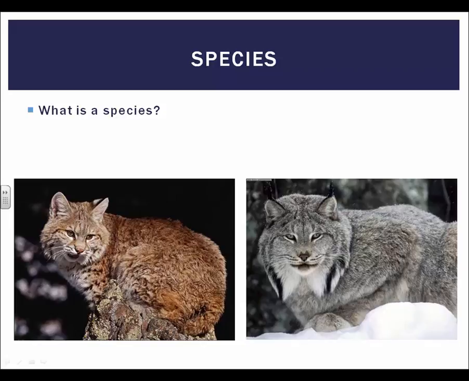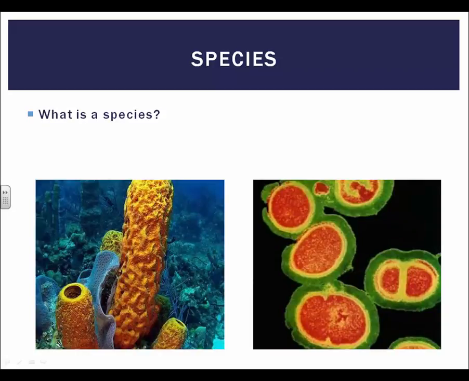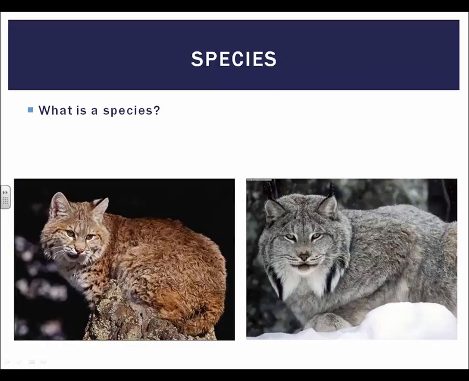Now, the problem with that is interbreeding only gives a definition for organisms that breed sexually. But what about things that breed asexually, such as this here? These are organisms that breed asexually. Or what about organisms that are capable of interbreeding, but yet produce fertile offspring?